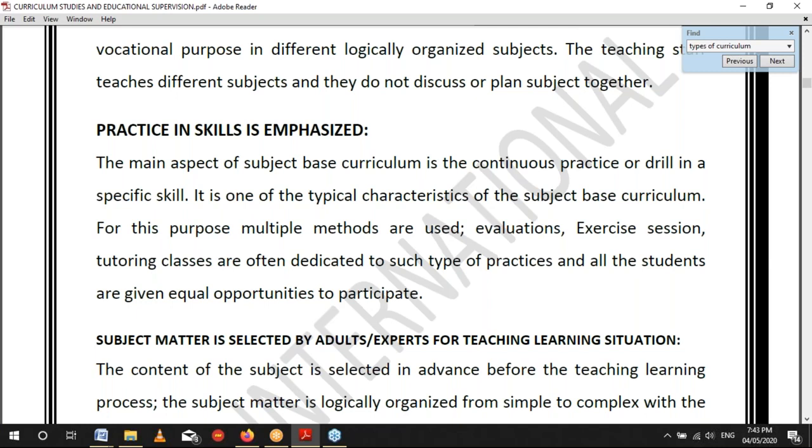4, the content of the subjects are logically and systematically arranged. They were accused that it was not logical, but this one says they are logically and systematically arranged. 5, evaluation process in subject-based curriculum is very easy.